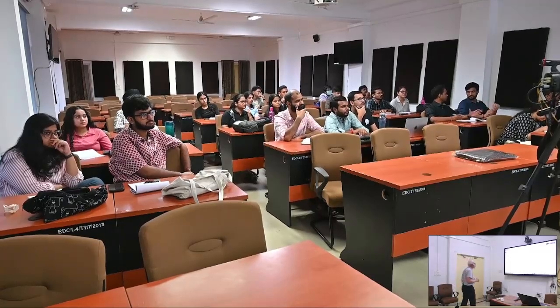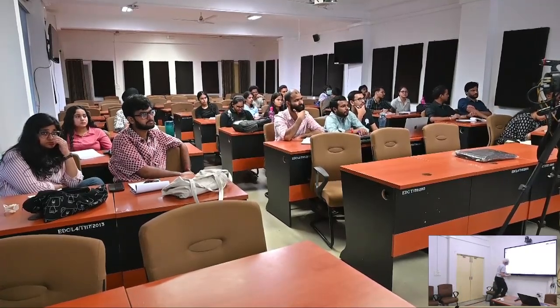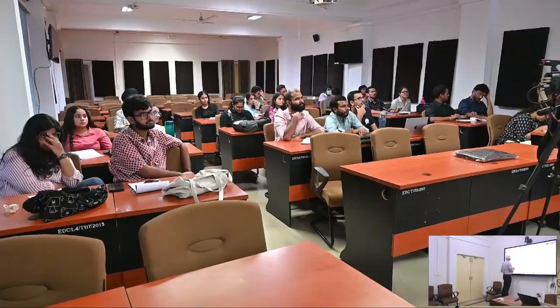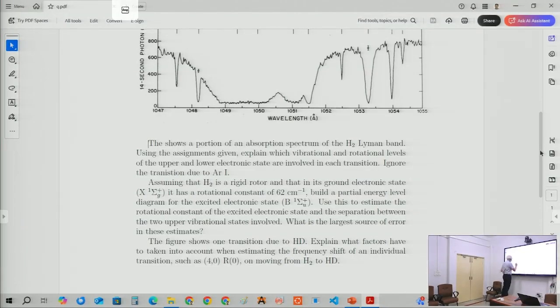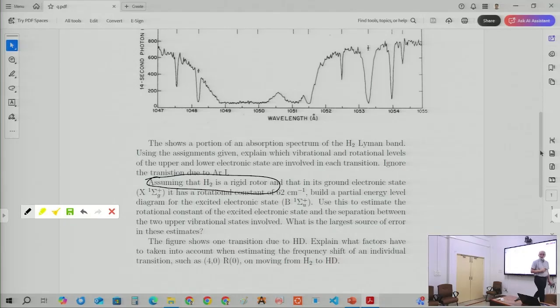The other error is to do with the physics we used: assuming H2 is a rigid rotor. We made a nice little ladder of the rotational energy levels, but nothing is a rigid rotor, and H2 is particularly not rigid.